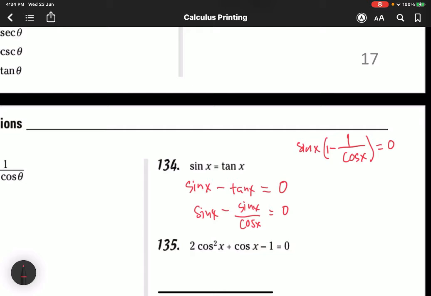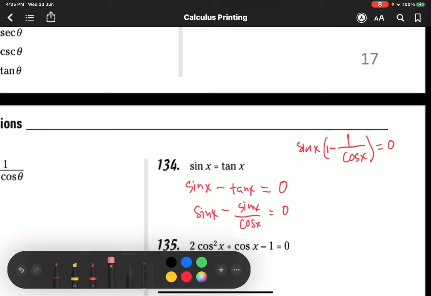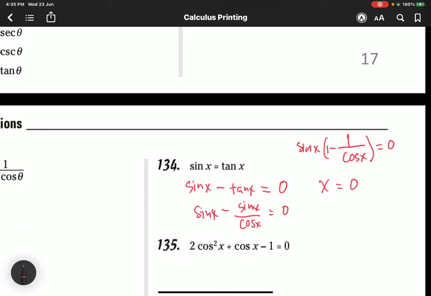So sa kanyang interval, yung interval niya uli ay sin x equals 0 and cosine x equals 1. X lang pala to, x. Okay. X equals 0. The second factor is 1 minus 1 over cosine x equals 0.